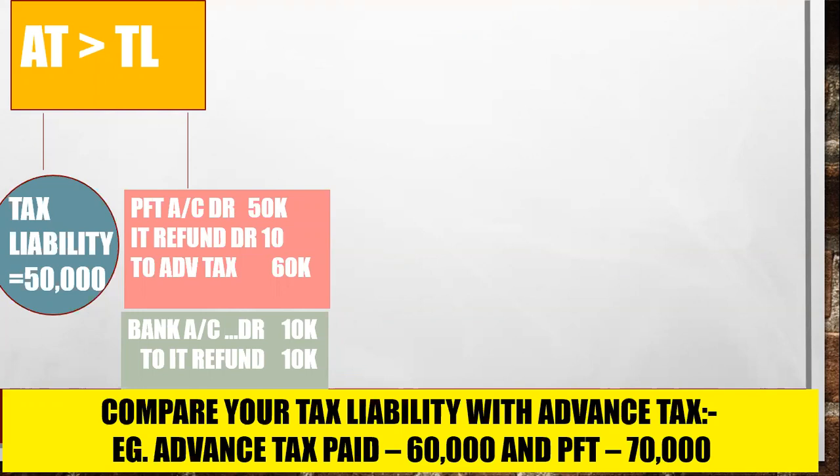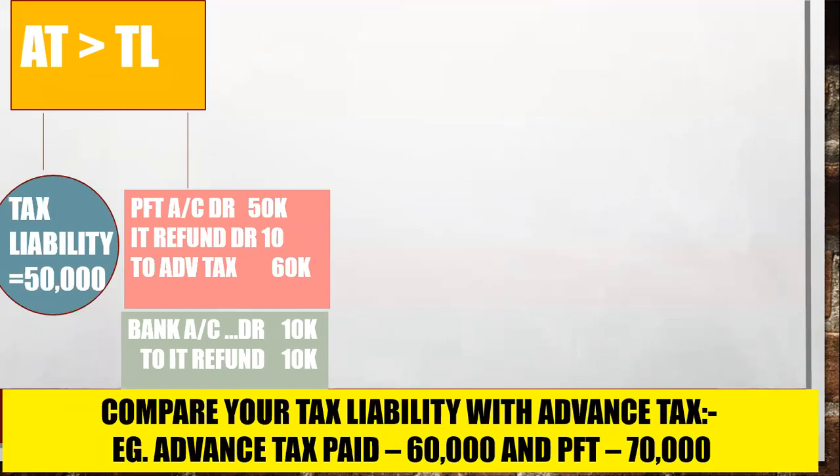Clear that? Now you have to check with your tax liability. You have paid advance tax of rupees 60,000. Now you come to know that your tax liability is 50,000. Then you realize that you have paid 10,000 extra. Okay. Clear that?